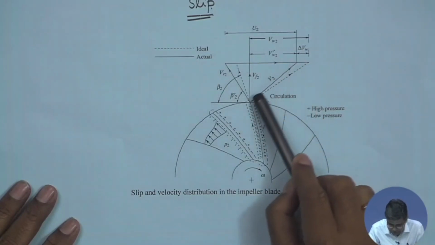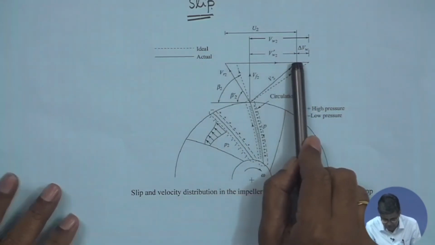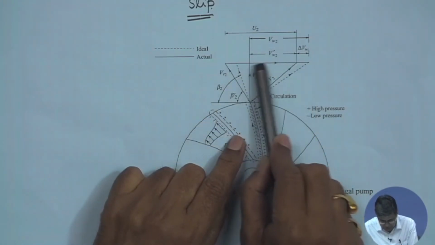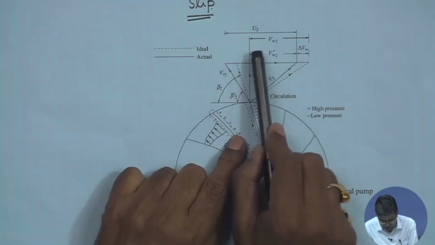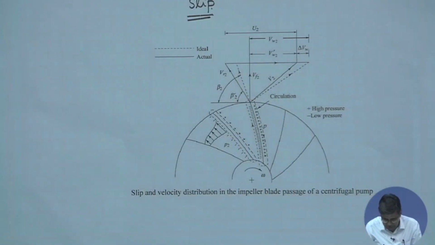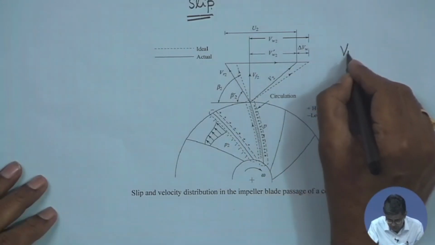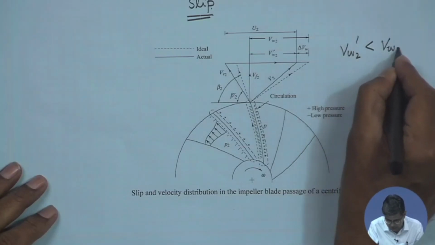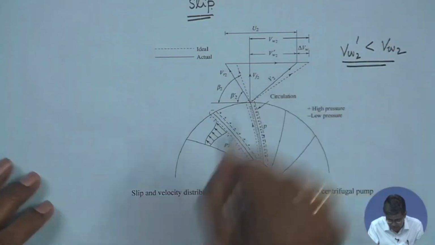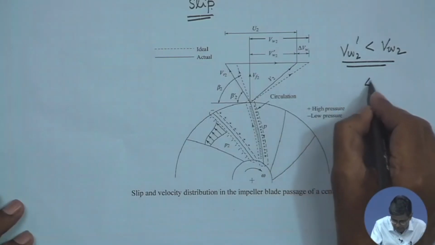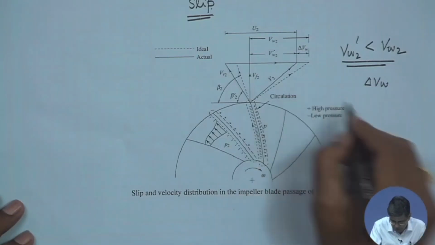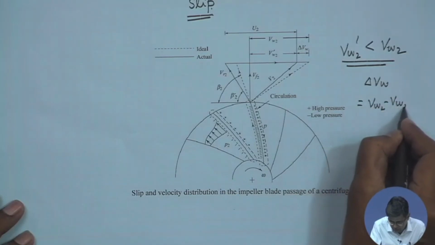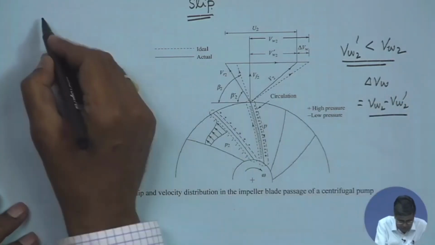So, in that case, if we draw the velocity triangle, we will see that this tangential component is VW2 dash, which is lower than VW2. That means the tangential velocity component VW2 dash is lower than VW2, and this causes the problem. This delta VW equal to VW2 minus VW2 dash, that difference, is known as slip.